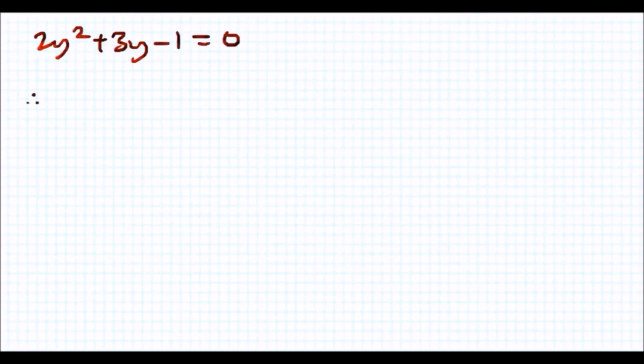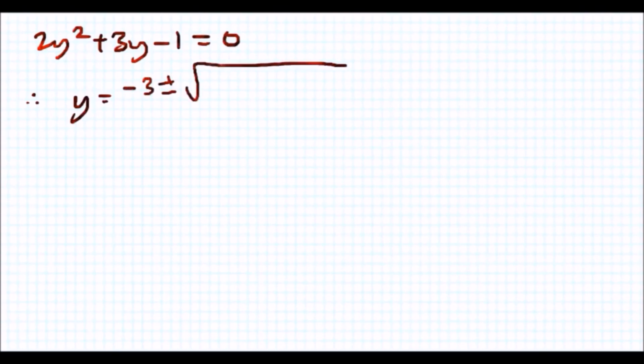So the quadratic formula, for 2y squared plus 3y minus 1 equals 0. Therefore, using the quadratic formula, we're going to have y equals, and we probably know the formula by heart anyway, so I'll just go ahead and do it. Minus 3 plus minus the square root of 3 squared, which is 9, minus 4 times a times c, so it'd be plus 8, over 2 times 2, which is 4.